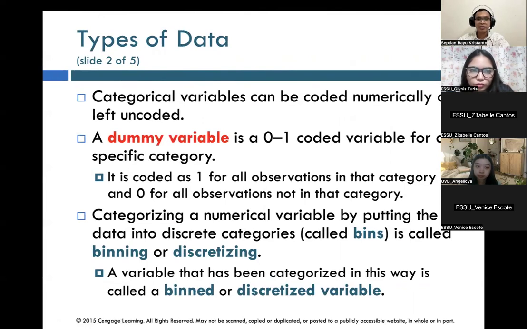In the categorical variables, we also have dummy variables. What is a dummy variable? It is a variable that could be coded in only two versions, 0 or 1. If male, it will be coded as 1 and others are 0. On the opposite, if you are female, create number 1. But if you are not female, it is 0.